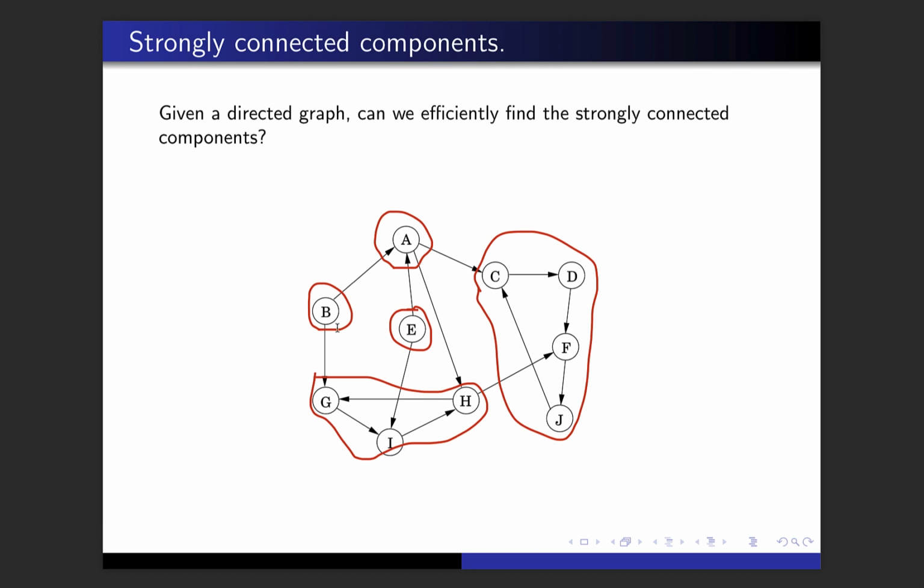I claim that you do not have a cycle that goes from component to component and comes back to the original component. Why is that? Because that would mean that every component in that big cycle would be in a unique component. Everybody will be strongly connected, because if you have a cycle, every vertex in that cycle is strongly connected to every other vertex in the same cycle.